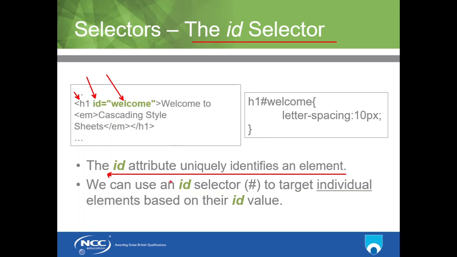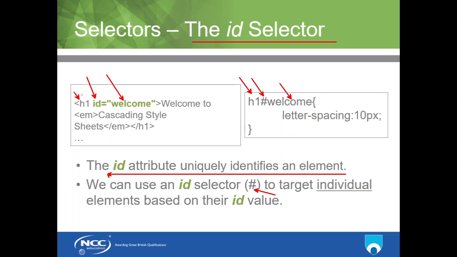Now, how do we specify the ID selector in CSS? You specify the ID selector using a hashtag. We can use an ID selector hashtag to target individual elements based on their ID value. You begin with the name of the element, then the hashtag, then the name of the ID value.